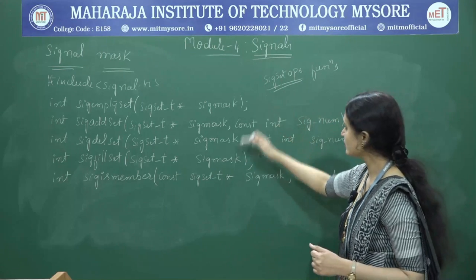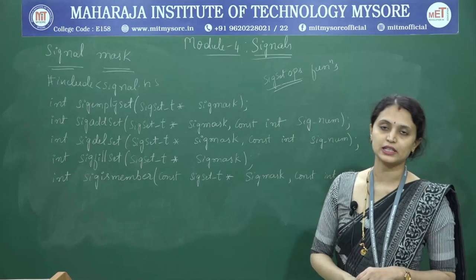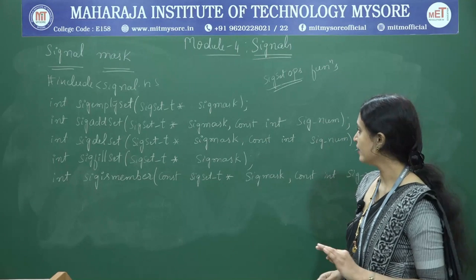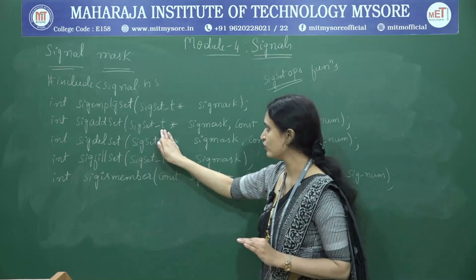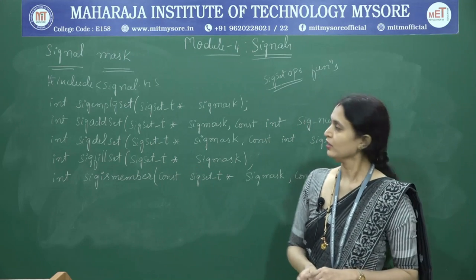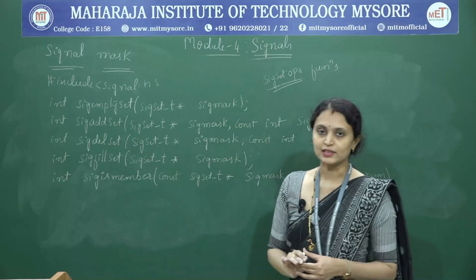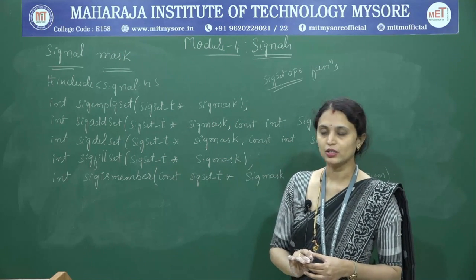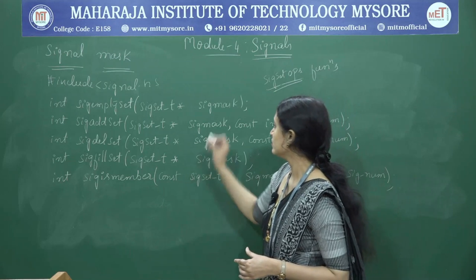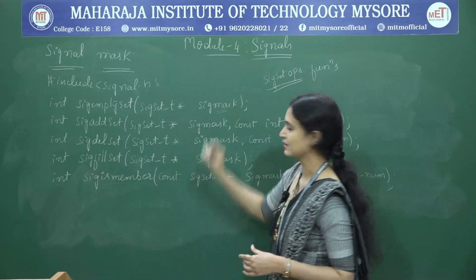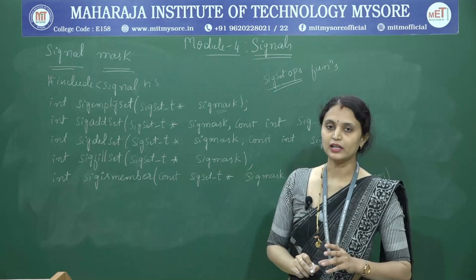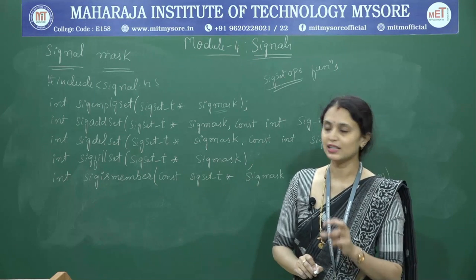So these are used to check the presence of signals along with the sigset_t variable. The first API is sigemptyset. This API will clear all the flags of the particular signal mask. So it will clear all the flags in the signal mask.